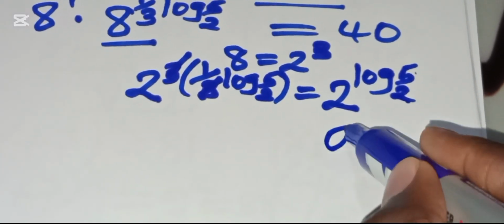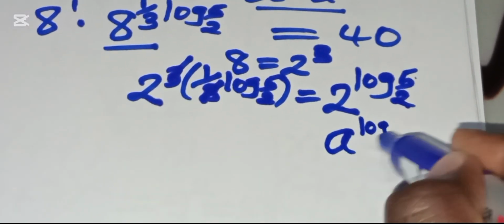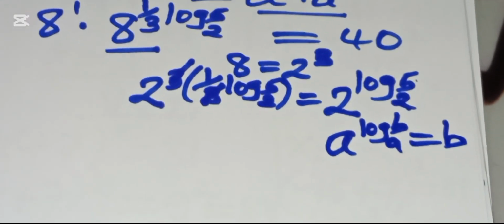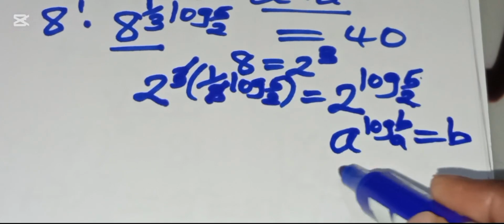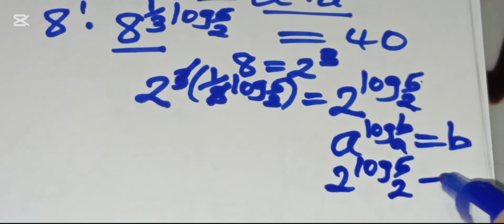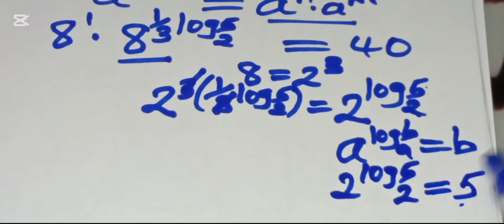This is in the form of a raised to power log b to base a, which is equal to b. So 2 raised to power log 5 to base 2 gives us a value of 5.